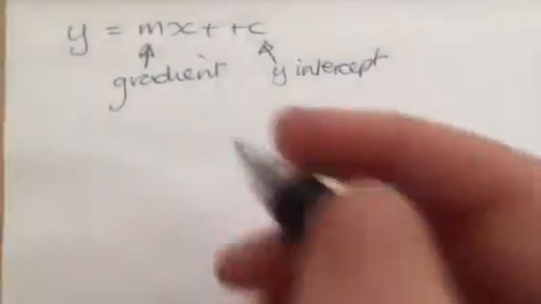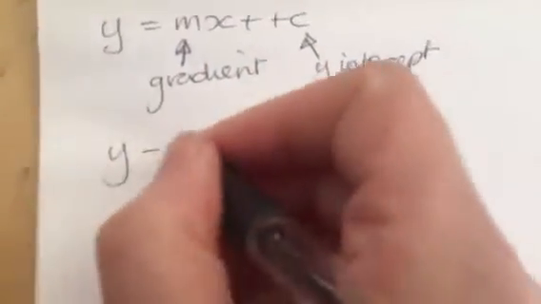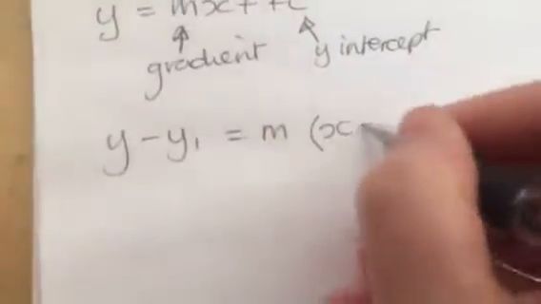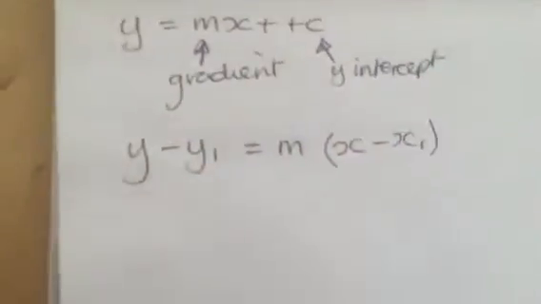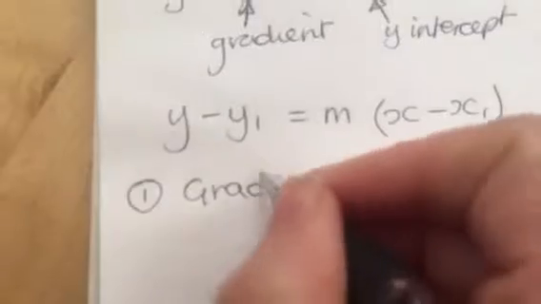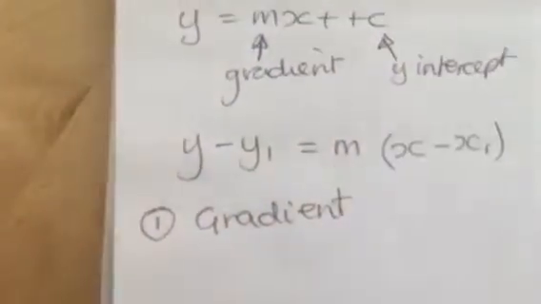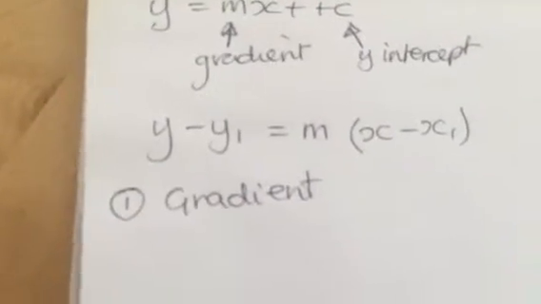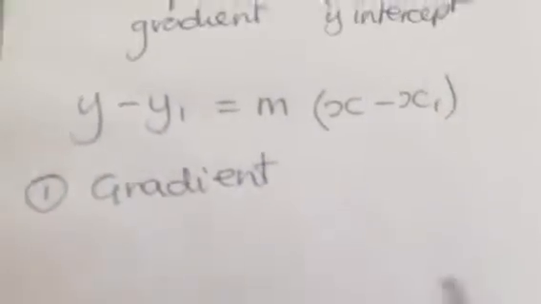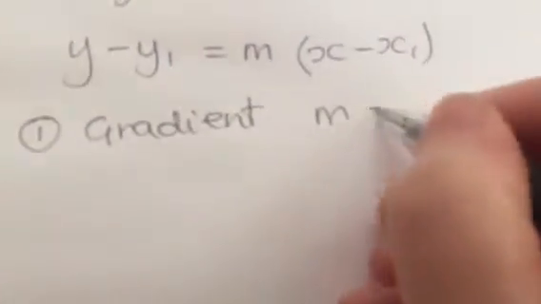Then the one that you'll use most at A level is y minus y1 equals m(x minus x1). So the first thing you need to find is the gradient. So you make sure that you know what the gradient is. Either find it using 2 points, or that you know that lines are parallel or perpendicular, but the first thing you do is find what's the gradient.